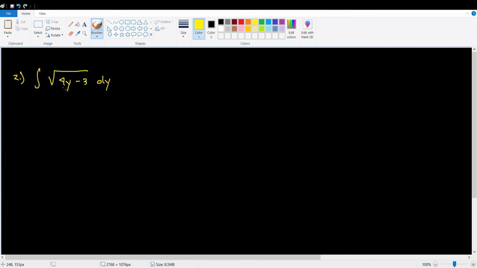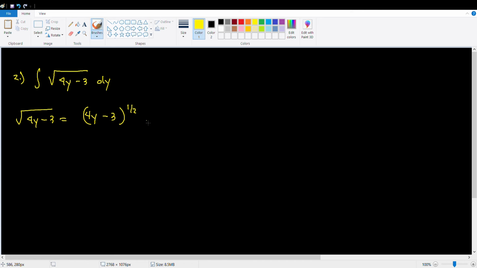So again, we can rewrite this expression right here as the quantity 4y minus 3 raised to 1/2. This is just the same as this.